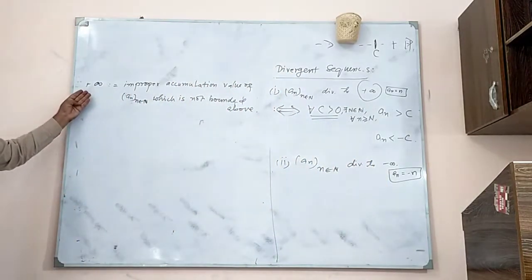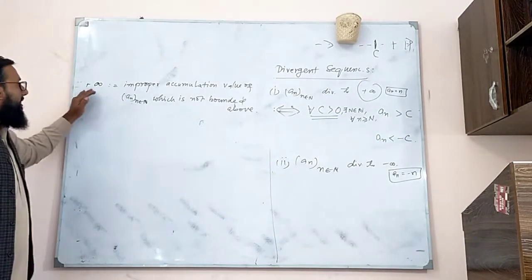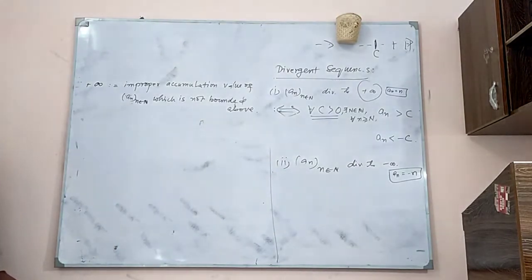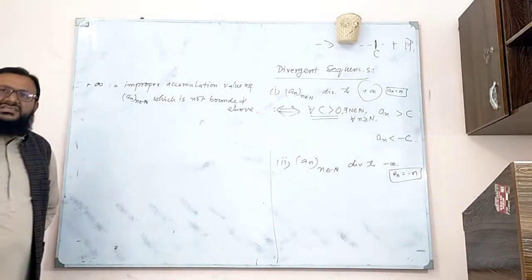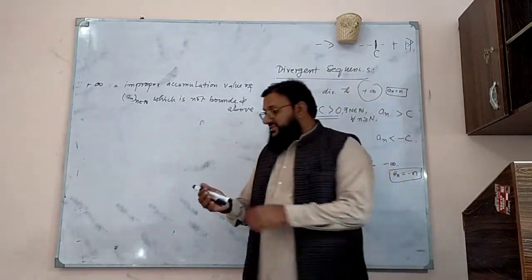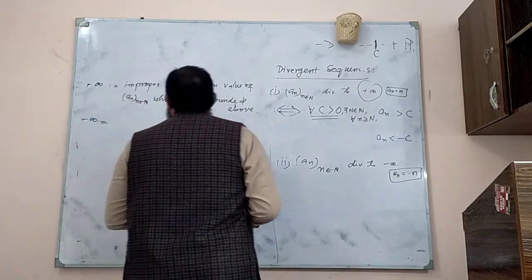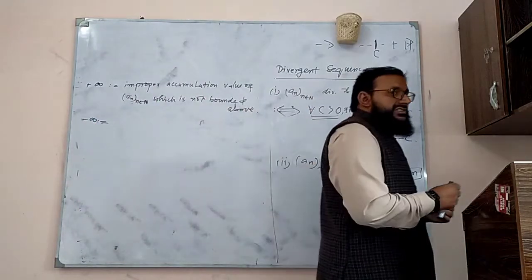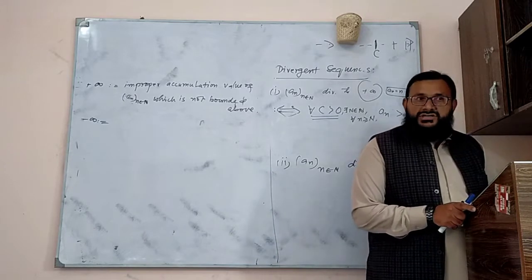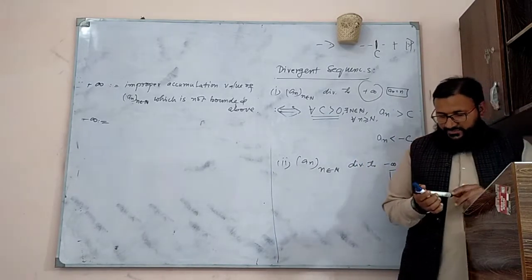So we have a sequence which is not bounded above. We call plus infinity its accumulation value, but we call it improper accumulation. It's just notation we are supposed to keep in mind. Then what is minus infinity? Also an improper accumulation value of a sequence which is not bounded below.